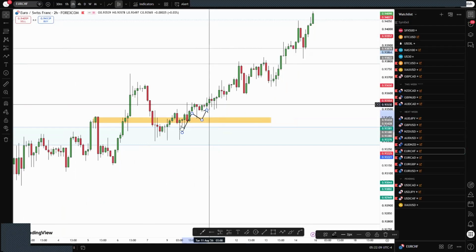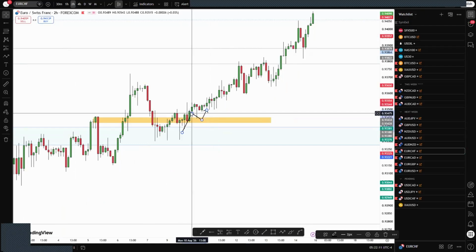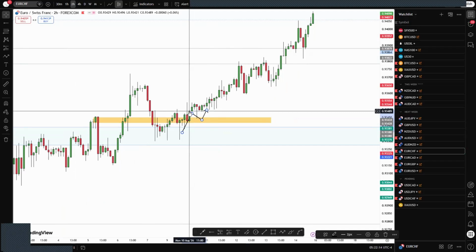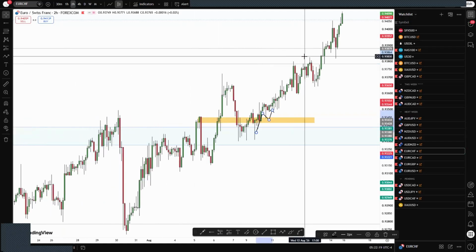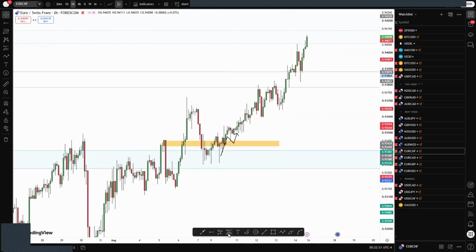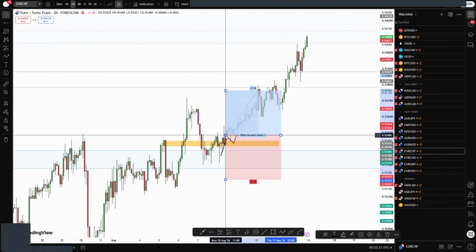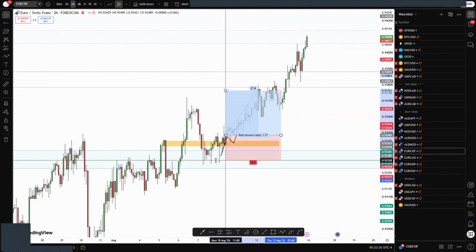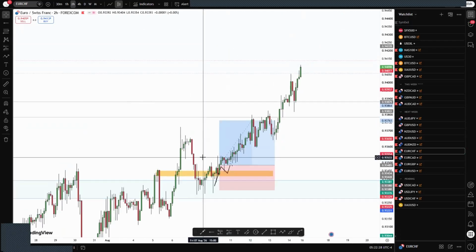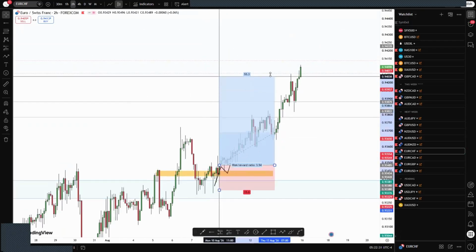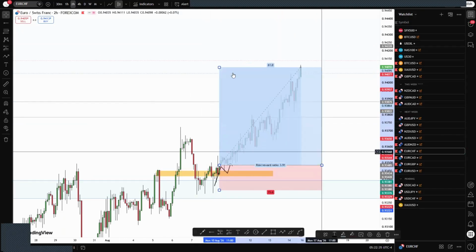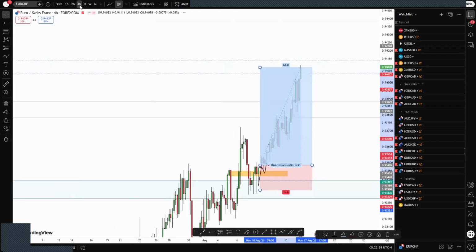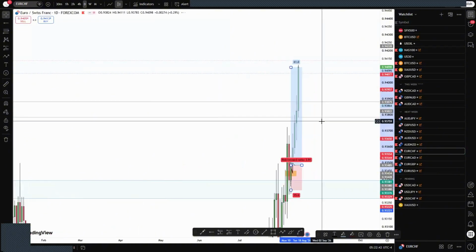Nice signal, and then we can place our entry here. From that time, price has been buying. It was a very nice trade.